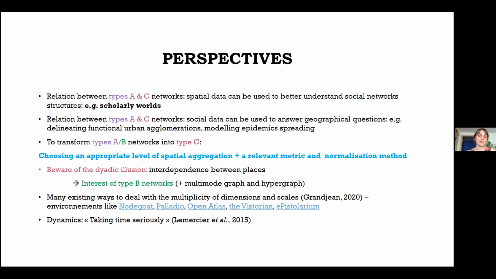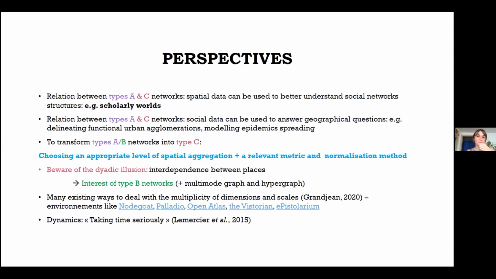That's the case in the example I gave you about scholarly worlds. You can also think about the relation between type A and C the other way around: doing so can help you answer purely geographical questions. For instance, social data could help you to better delineate functional urban agglomerations. Social data could also help you to better model epidemic spreading at the geographical level, or to think about globalization.